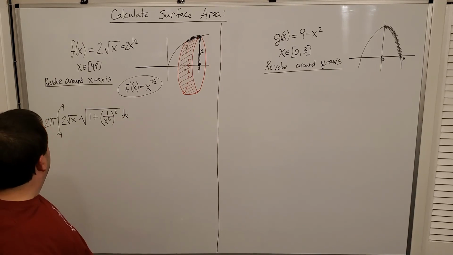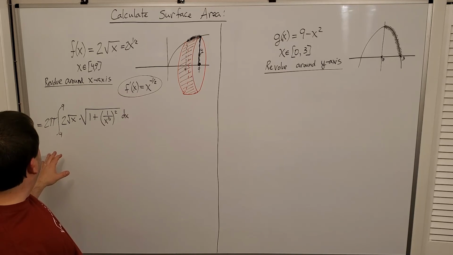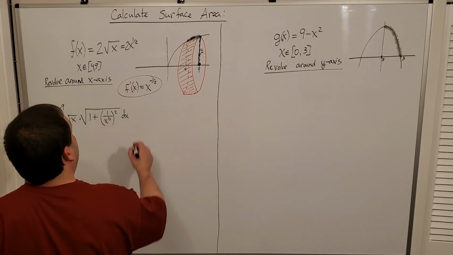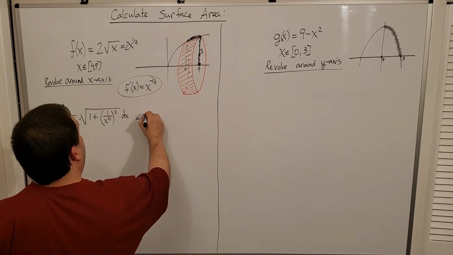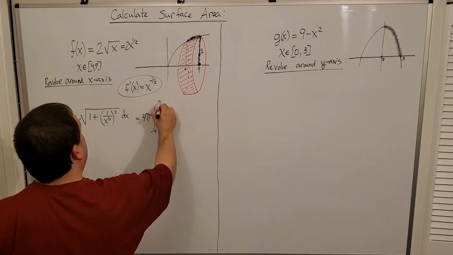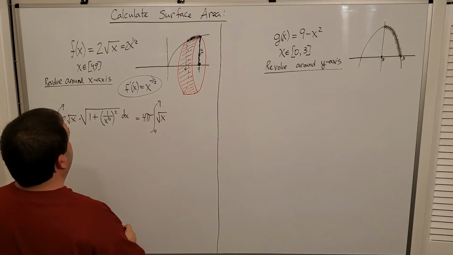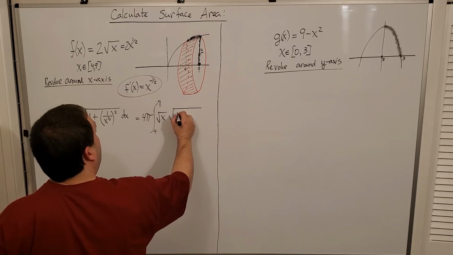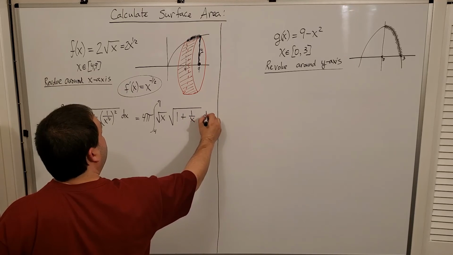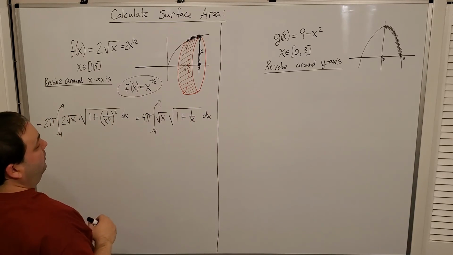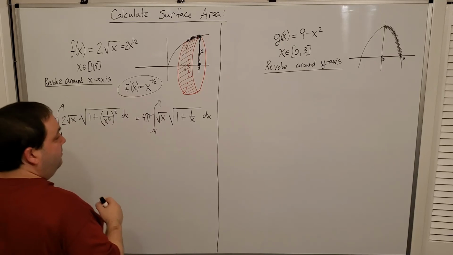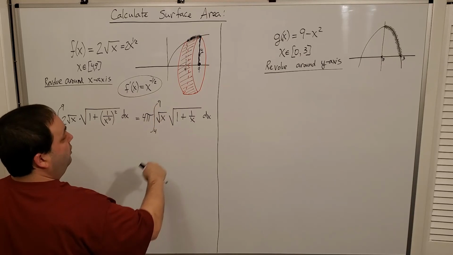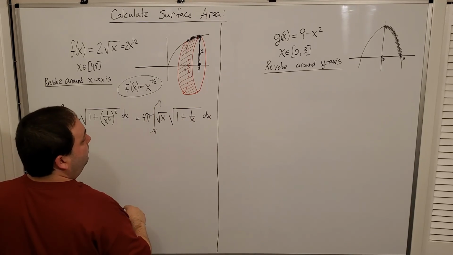All right, so now that we've got it all set up, I'm going to manipulate some stuff. I can bring my 2 out front here, and that's going to give me a 4 pi integral from 4 to 9. I've got a square root of x, and right here in my square root, I've got a 1 plus 1 over x, right? Because the square and the square root there basically are going to be opposites. And I would say worry about an absolute value because of the square and square root, but we're going from 4 to 9 of x, so it's all positive anyway.